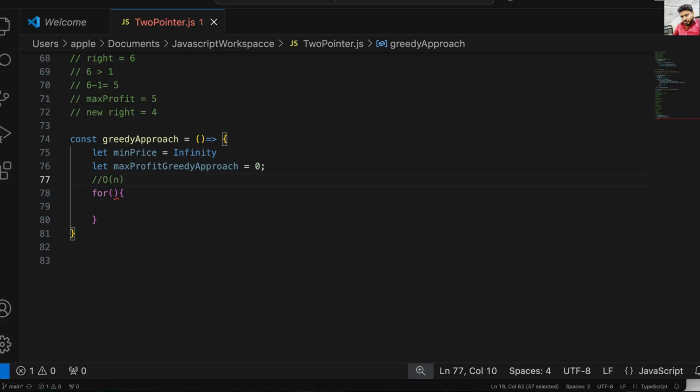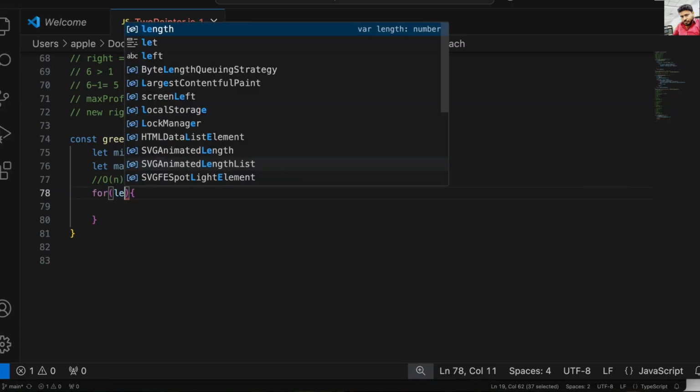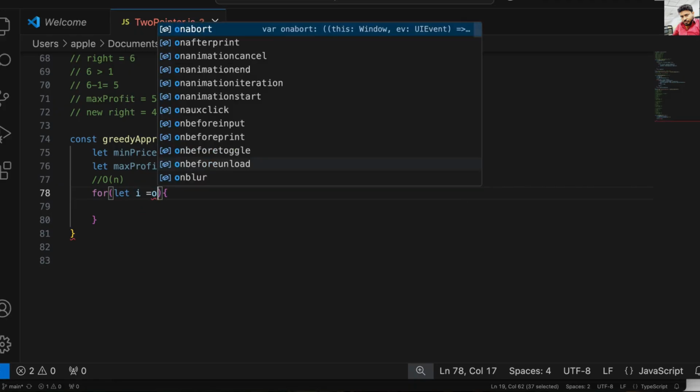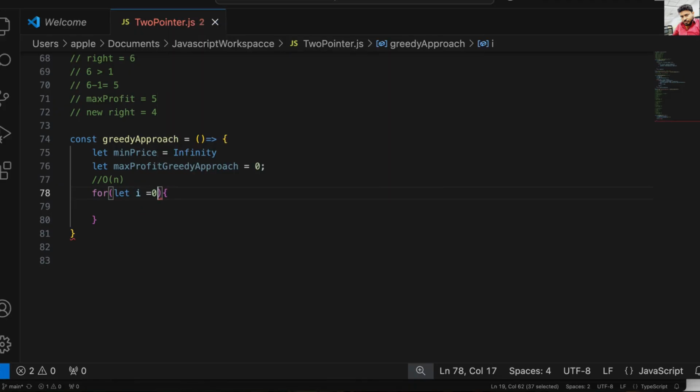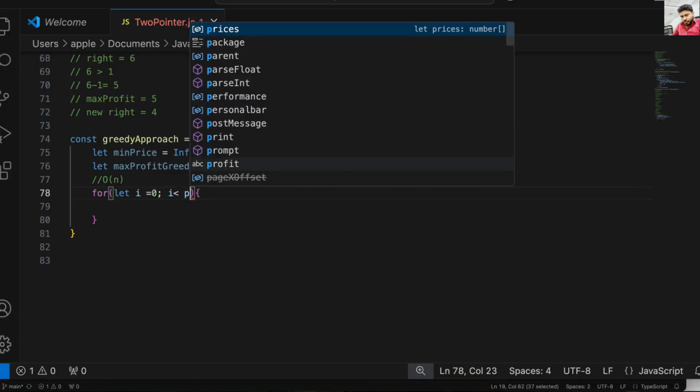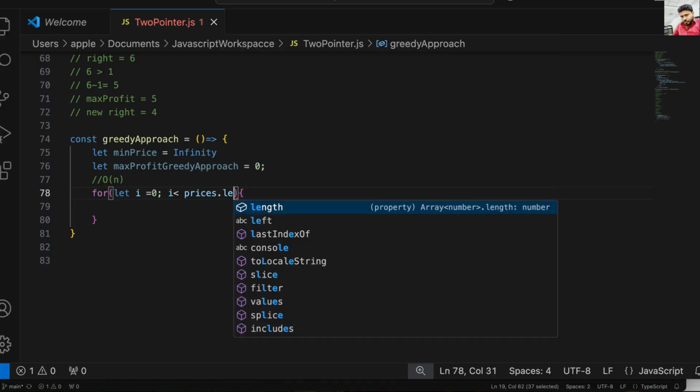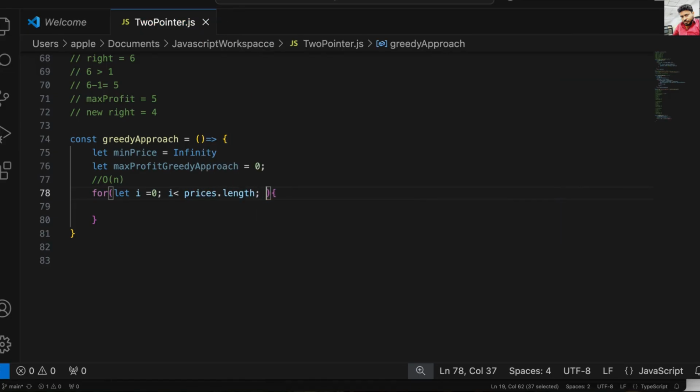So here is a loop: let i is equal to 0, i less than prices dot length, i plus plus. Okay, this is done.